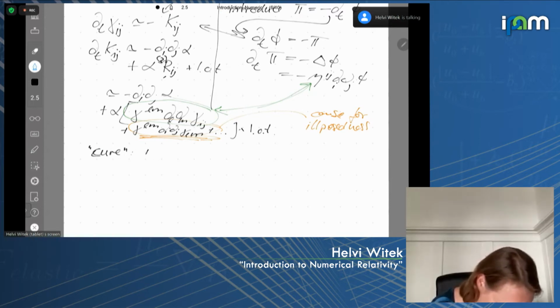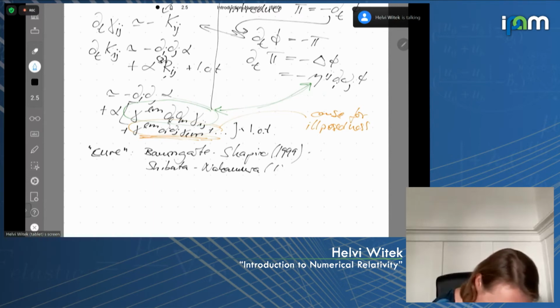Baumgartner and Shapiro, so they were in 1999. Shibata and Nakamura were actually earlier than that. So this is the BSSN formulation, or we have something like that form.